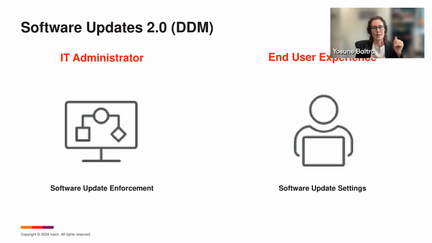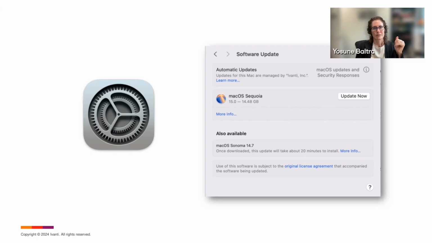So what is the great thing about this configuration? As it says in the title, you can enforce a software update. Let's say we have Sequoia, it just came out, it needs to patch some vulnerabilities, and you want all your end users to quickly update to this new version.